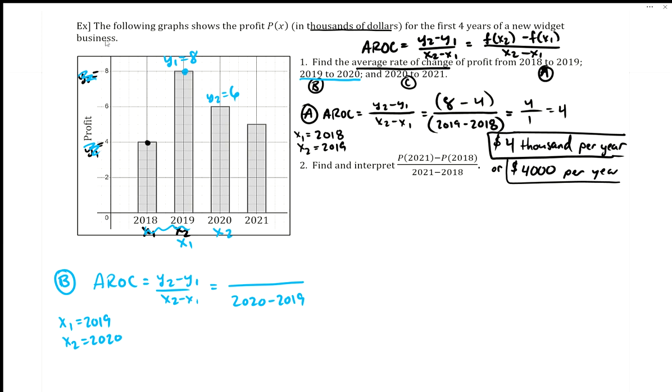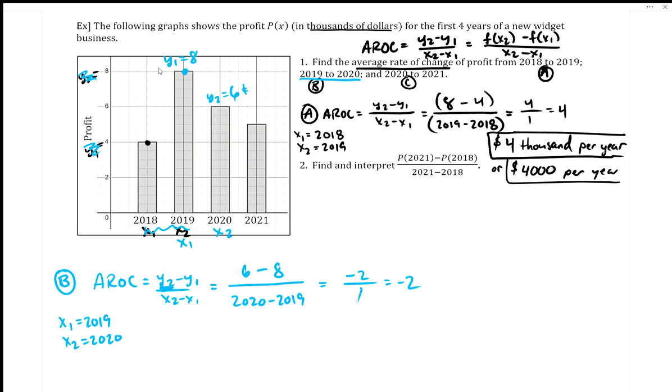Make sure we've got them connected. So y2 is 6. So that should be first. So 6 minus y1 is 8. There we go. So the order is important. Don't go too fast like I almost did. So we've got them in the right spot now. And then 6 minus 8 is negative 2. 2020 minus 2019 is 1. So now we've got negative 2.